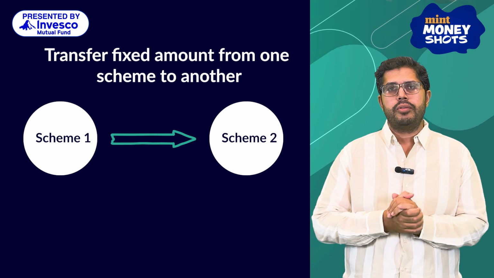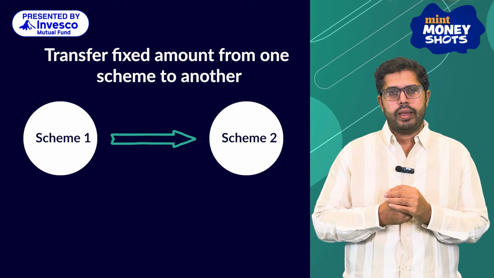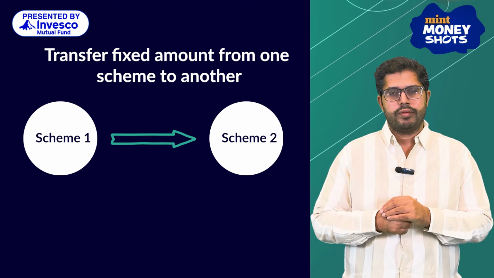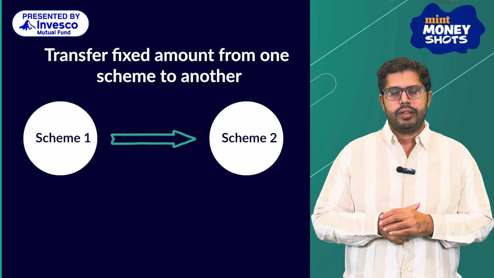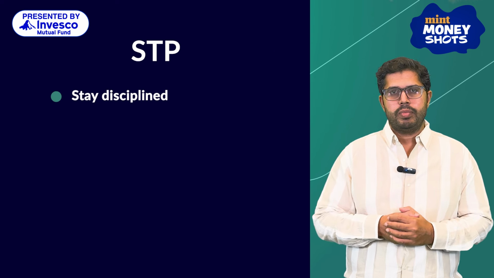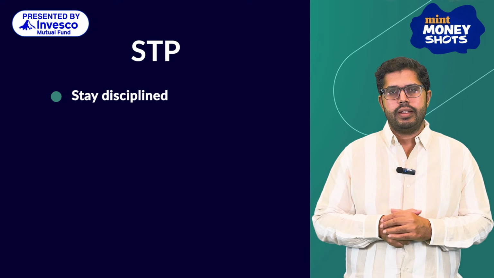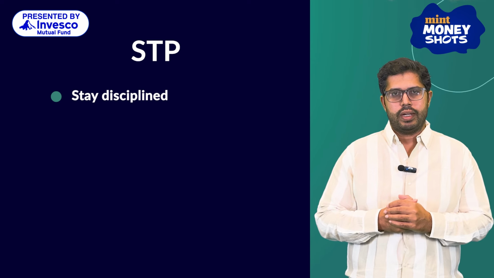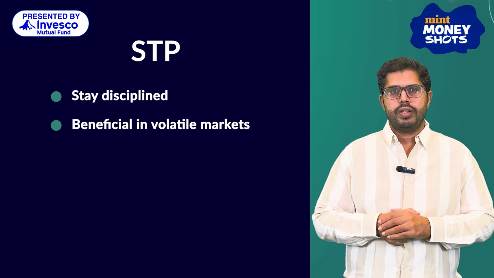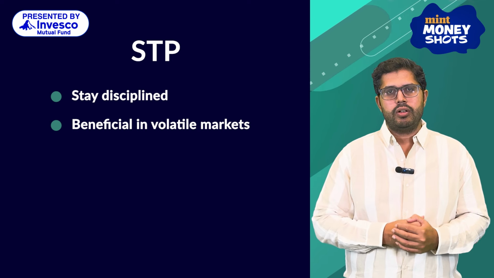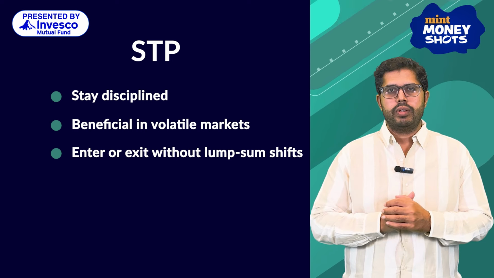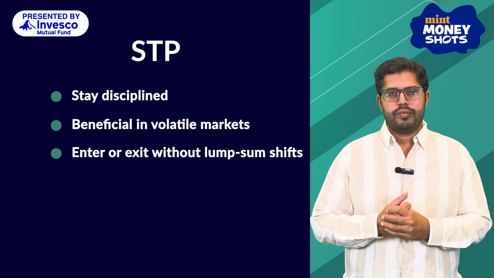This approach allows you to benefit from market timing by gradually moving your investments, which can help reduce the impact of volatility. An STP helps you stay disciplined and stick to a steady investment or transfer strategy. It's particularly beneficial in volatile markets, allowing you to systematically enter or exit investments without making a lump sum shift.